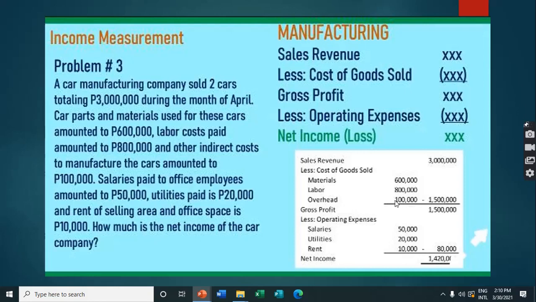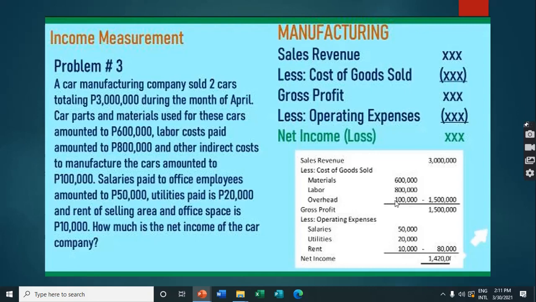So, kunin natin muna yung sales revenue. So, what is the sales revenue? Ano yung amount niya dun sa dalawang car na nabenta niya during the month of April? So, magkano yun? We have 3 million. Ayan. 3 million yung bayad ng dalawang sasakyan. Ngayon, i-less mo yung cost of goods sold mo.